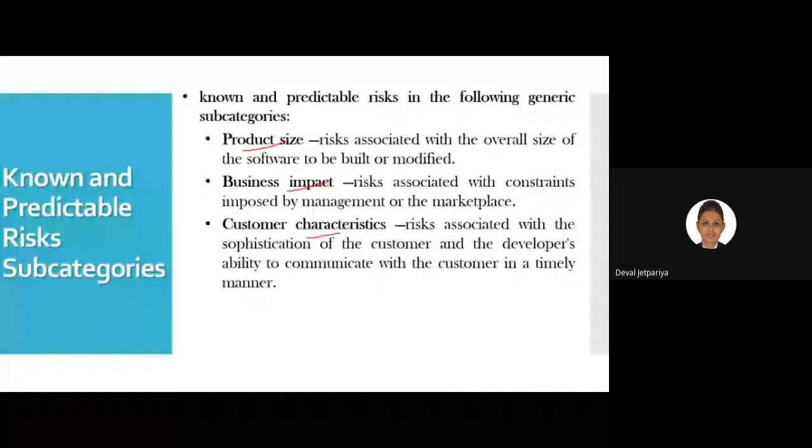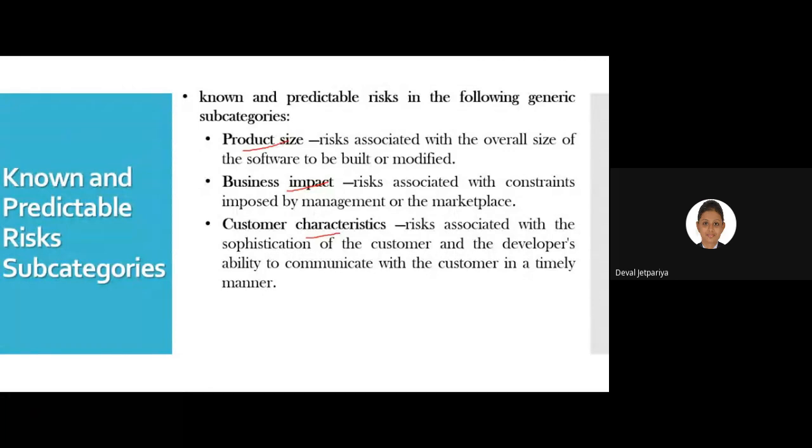Product size: risk associated with the overall size of the software to be built or modified. Right, sometimes if we have a smaller project, we might have fewer chances of risk. Second one is business impact: risk associated with constraints imposed by management or the marketplace.